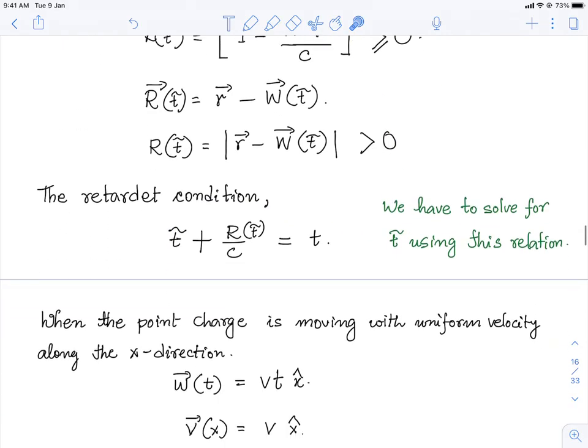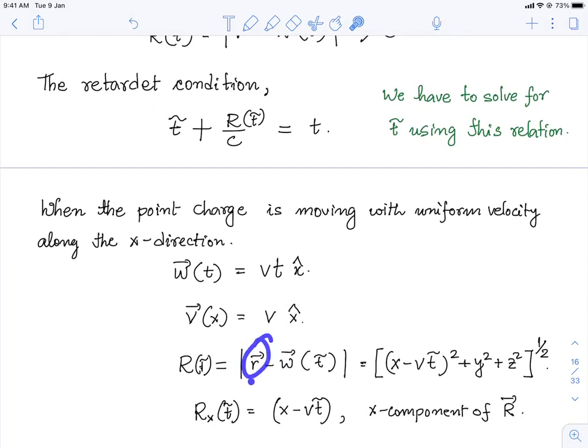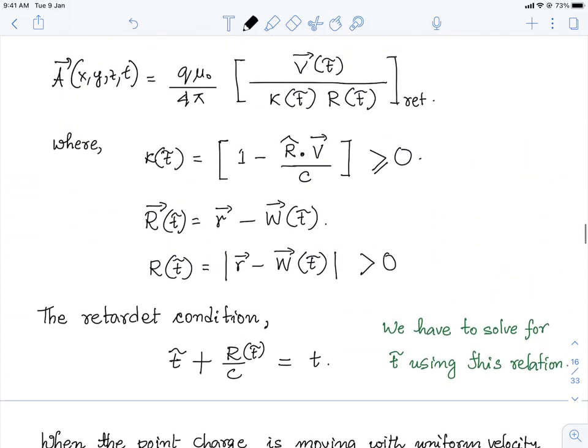Just to remind you, what was r? The r vector was essentially x i hat plus y j hat plus z k hat. This is the same x, y, and z which is there in this formula here.